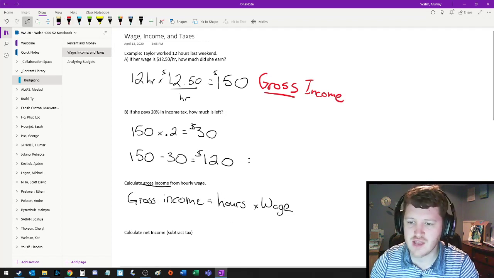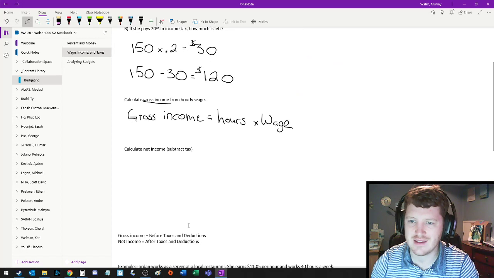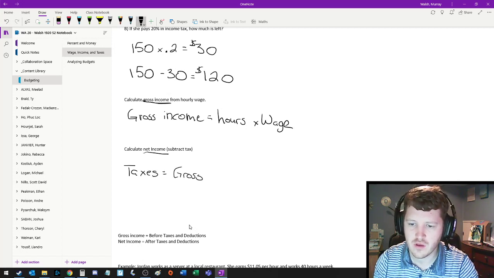In contrast, the second number we calculated is known as the net income. Once we've calculated our gross income, we first calculate the taxes, which is the gross income multiplied by the tax rate, and then the net income is the gross income minus the taxes.